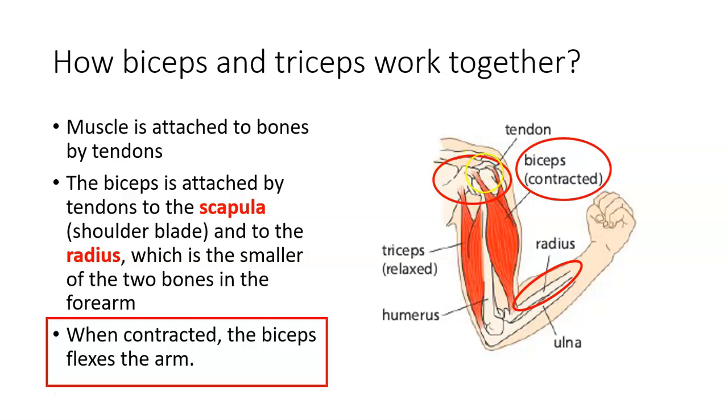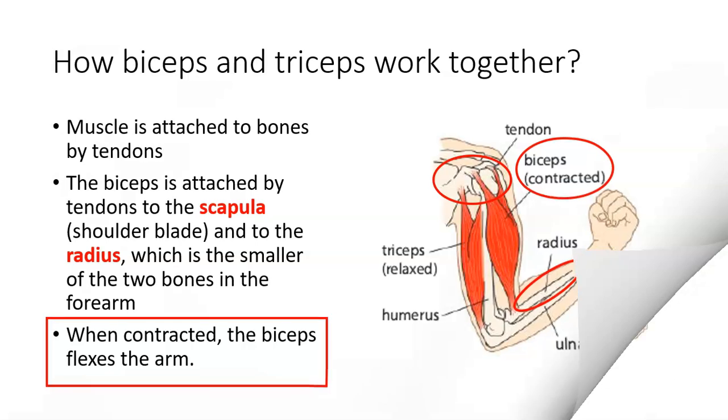So once the bicep is contracted by the attachment of the tendon to the radius and scapula, then you can flex your forearm.